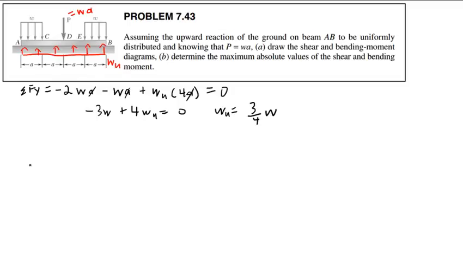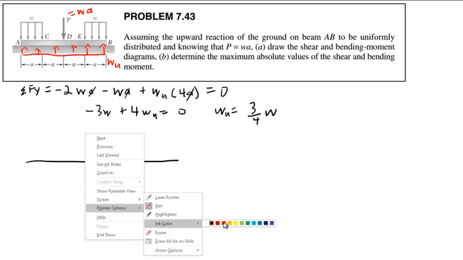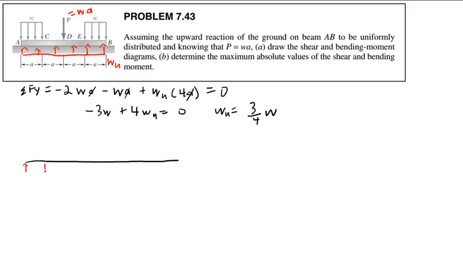So across the entire bottom, I am going to have 3/4 W. I'm going to have in the middle a point force WA, and then I'll just have W. Now, if I wanted to be really proper, I would draw these lines so that the number of lines was proportional to the loading, but meh.